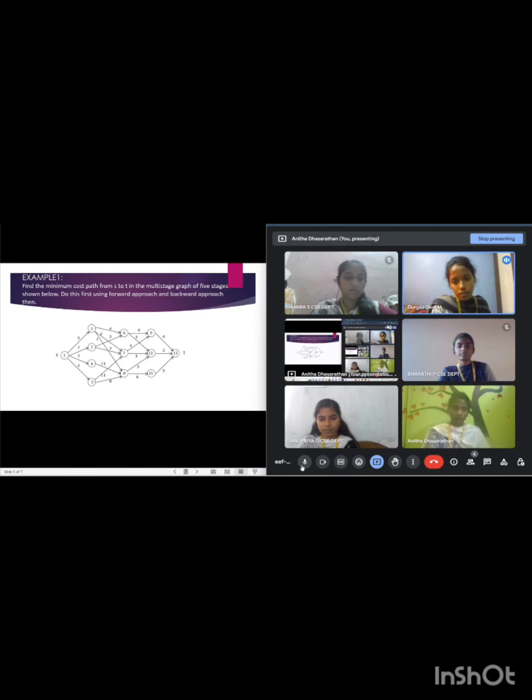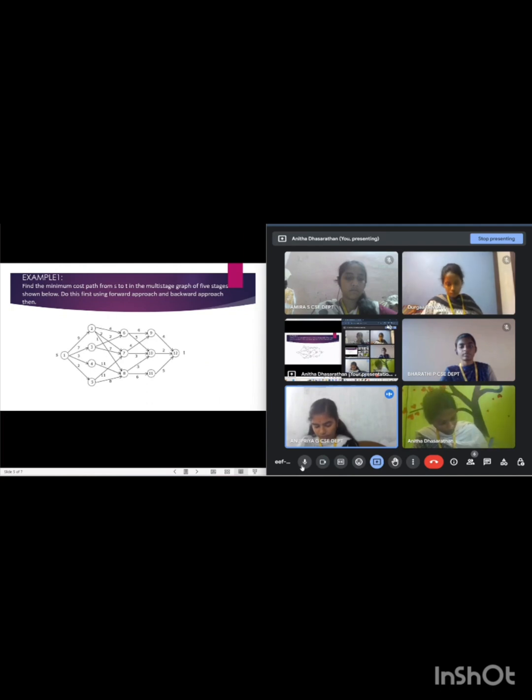Yeah, when we consider stage number 5, we have only one vertex, which is 12. And we have 3 incoming nodes for 12, that is 9, 10, and 11. When we go to 9, its cost is 15 plus the path length is 4. So 15 plus 4 is 19.